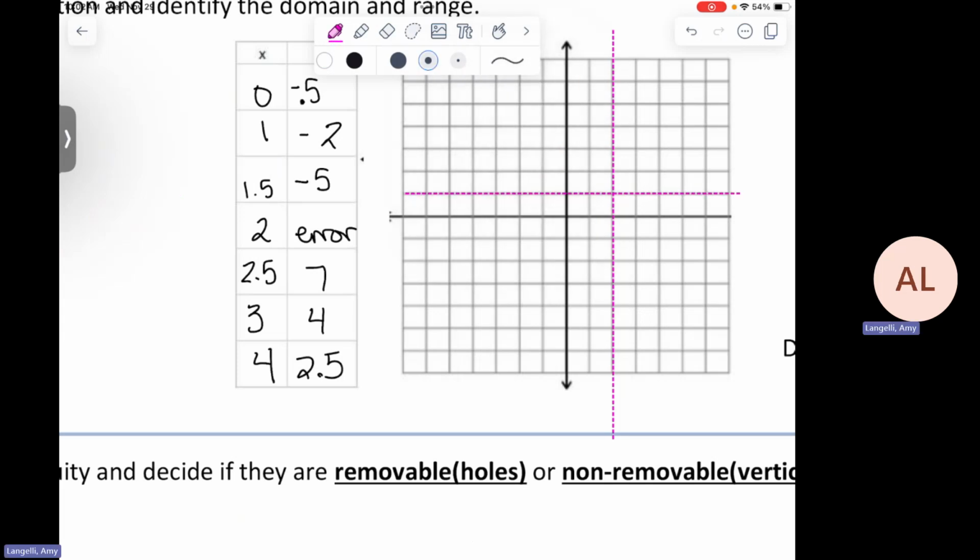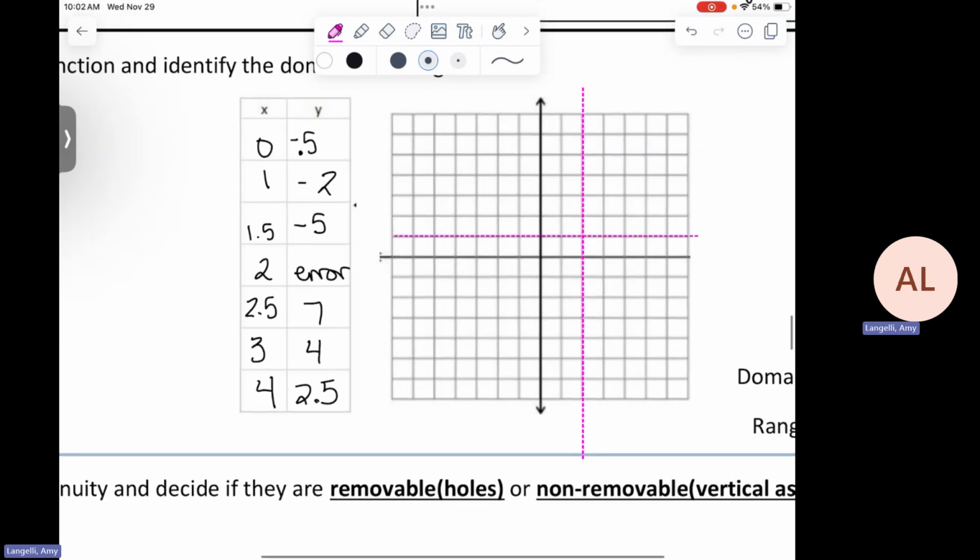What you should notice now is that your points are going to come close to those asymptotes when we graph them, but they're not going to touch it. There's 1. And I can see that curve coming into play. Drawing your asymptotes also allows you to see where you're supposed to approach without crossing over.